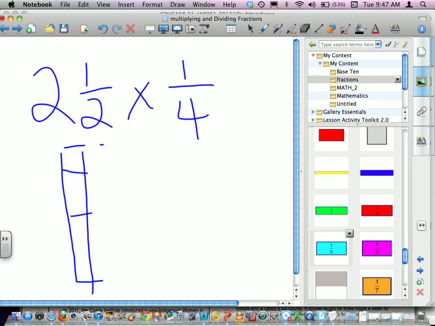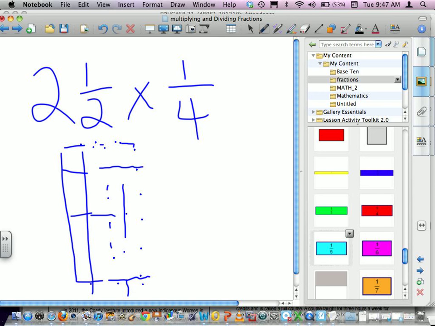Okay, so I'd have a whole set of 1/4, a whole set of 1/4, and half of 1/4. Does that make sense? We can dot in the... Okay? So I can imagine having quarters.